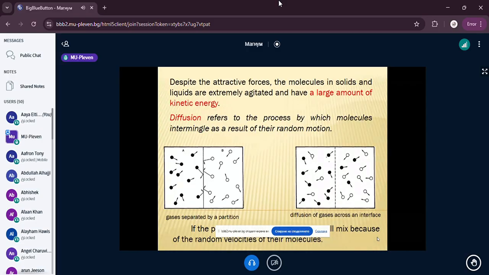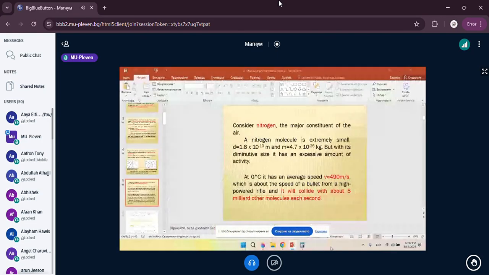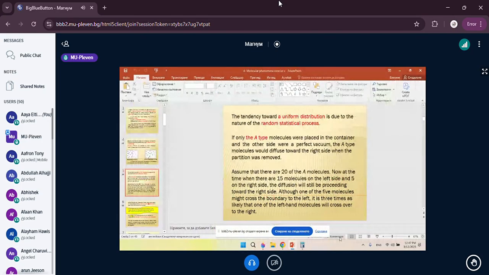There is an example here of two gases which intermingle as a result, and some more explanations regarding molecules. So let me try to provide a picture to explain, and then we'll write the equation of diffusion.